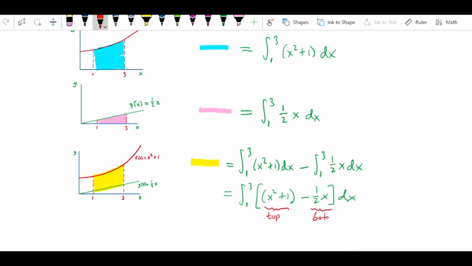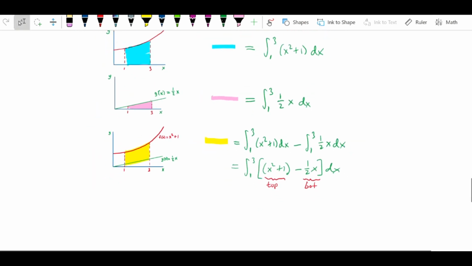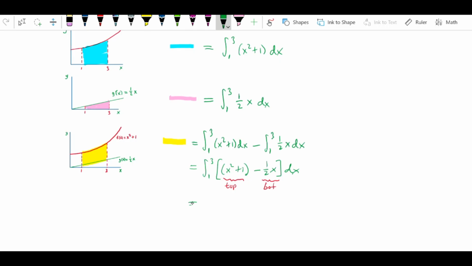Obviously, we're going to get a little bit more complicated than that, but what we can do now is calculate the resulting integral. We just find all these antiderivatives.